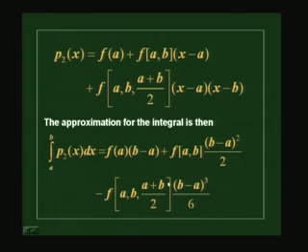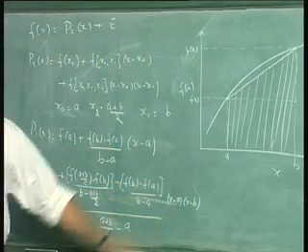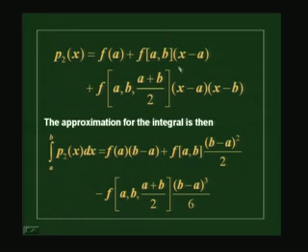So, we have (x minus a) whole square by 2, and the integral of (x minus a) into (x minus b) will give us (b minus a) whole cube by 6. Okay. So, we just integrate this function, and that is our approximation under the Simpson's rule.